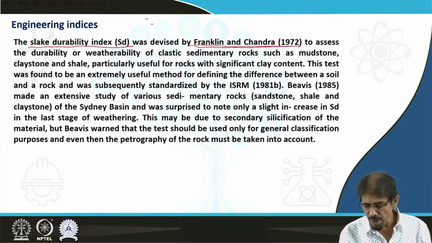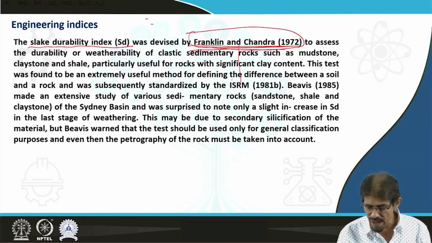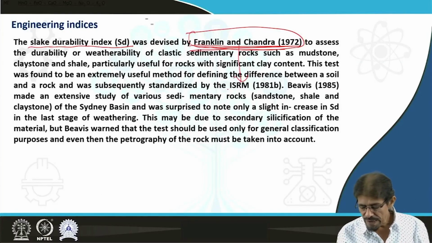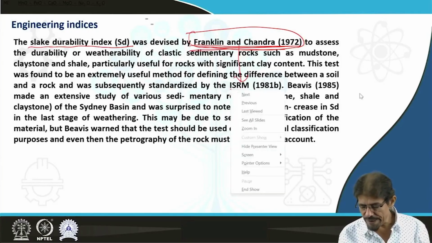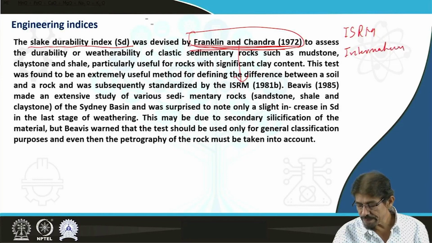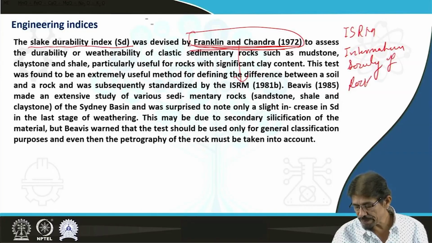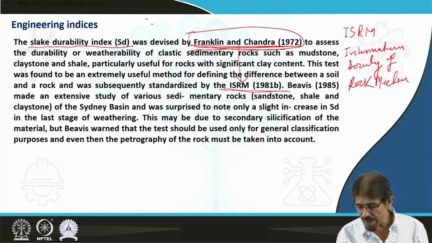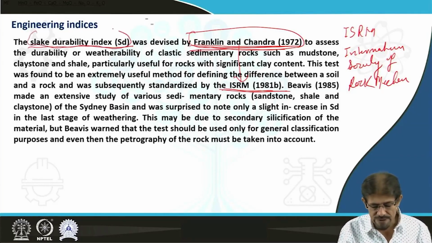This method proposed by Franklin and Chandra was later accepted by the International Society of Rock Mechanics, ISRM. The International Society of Rock Mechanics in 1983 accepted the proposed concept of slake durability.